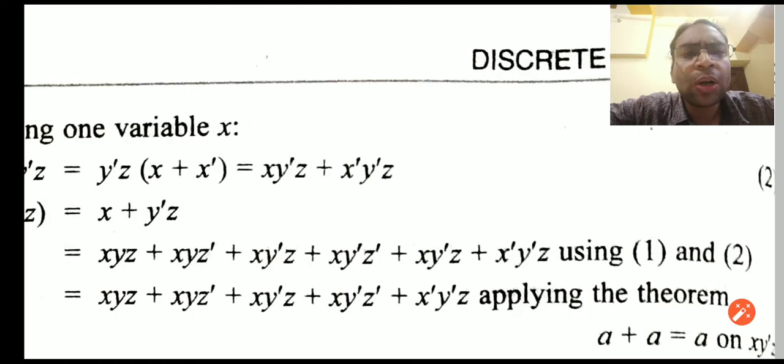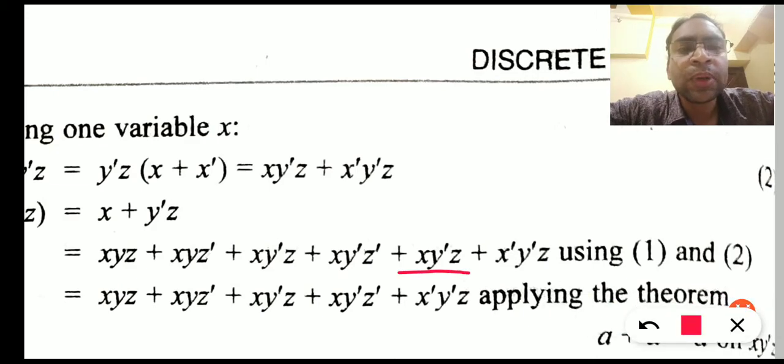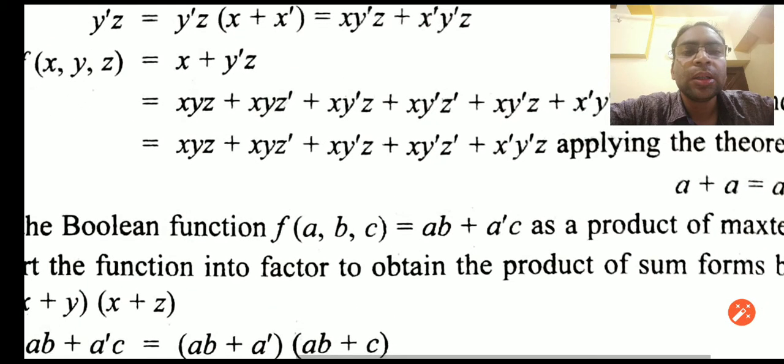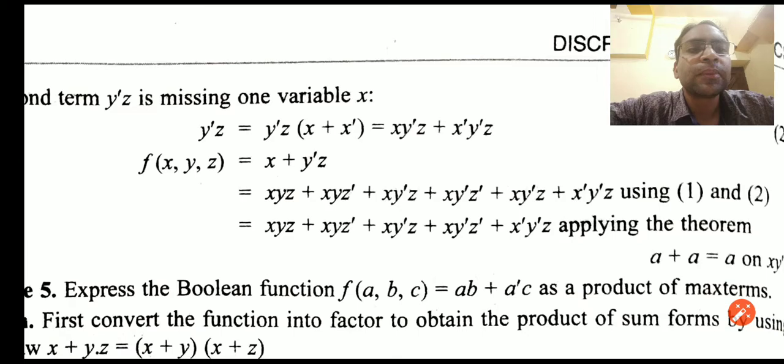Do we have any common term? Yes, we have these two common products, x y bar z and x y bar z. In both the expressions we have this, so it will be written only once. So now this is the final sum of products for the given function.